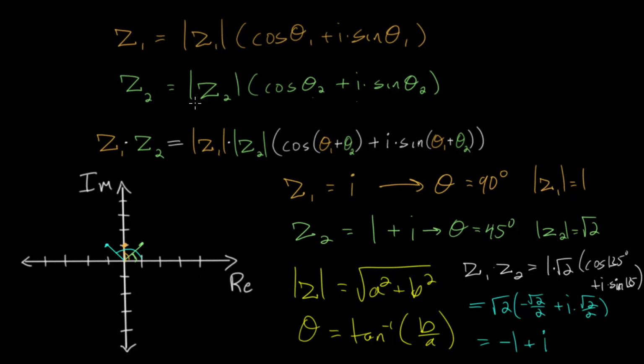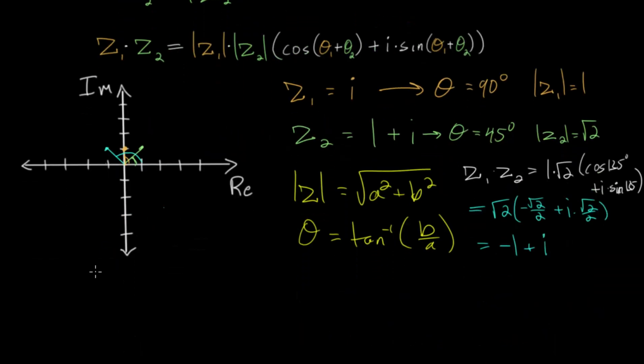Now, this was all based on the formula, but let's also compare it to the usual way of multiplying complex numbers, where we just multiply their rectangular forms. For that, let me make a little bit more room. We will again calculate z1 multiplied by z2, where z1 is just i, and z2 is 1 plus i.